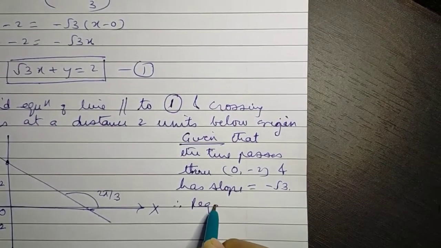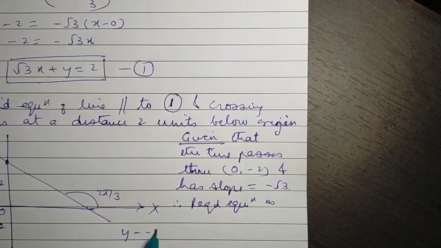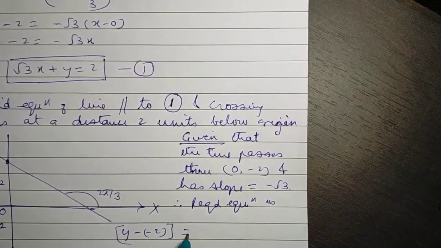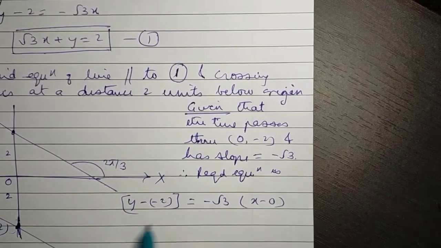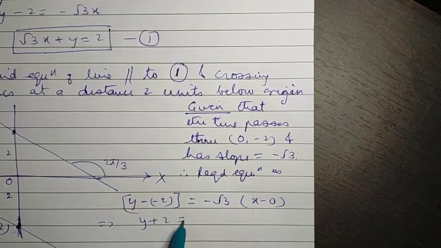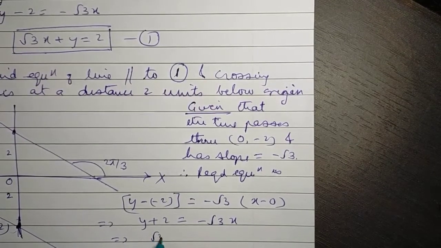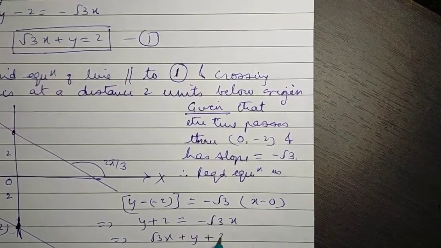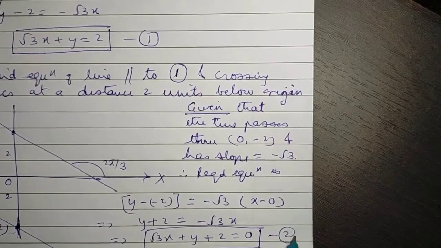Therefore the required equation is y minus (minus 2) is equal to the slope, minus root 3, times x minus 0, which comes out to be y plus 2 equal to minus root 3 x, which gets solved to root 3 x plus y plus 2 equal to 0, the required equation.